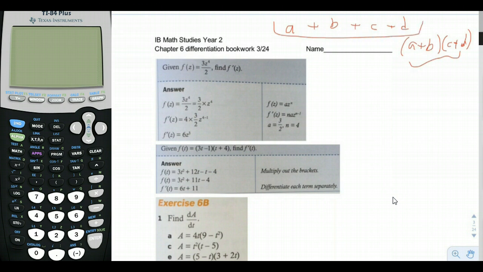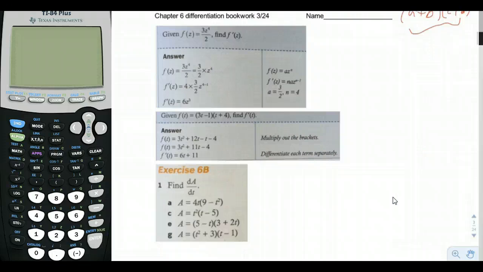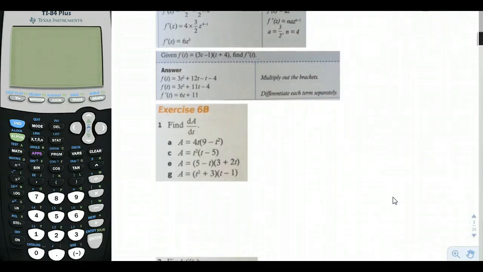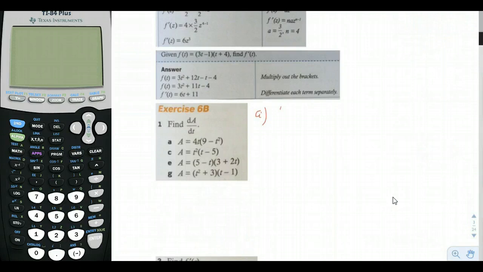Okay, so let's see. If we have a here, we have 4t times 9 minus t squared. To take the derivative of this, we would need to multiply it out first because we don't know how to take the derivative of a product like that.